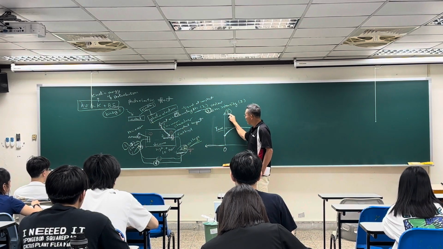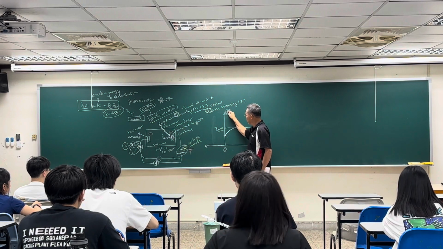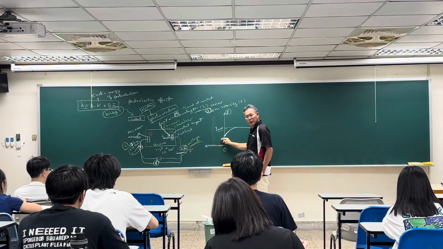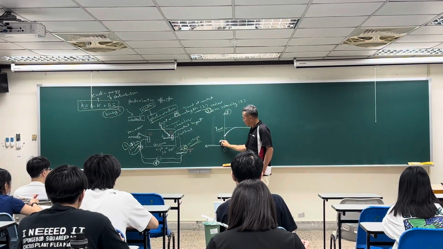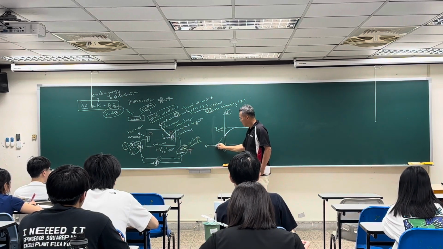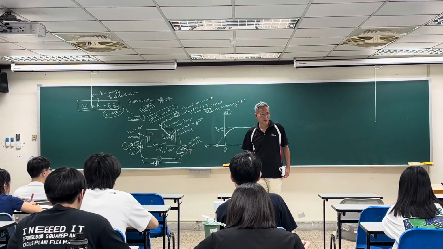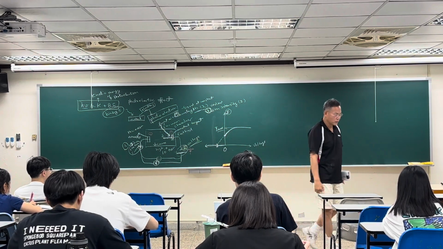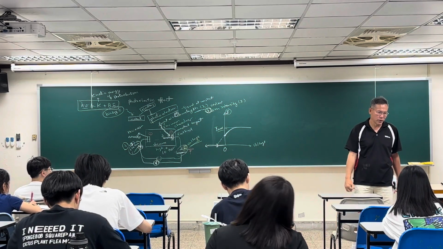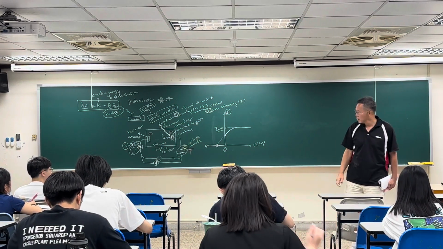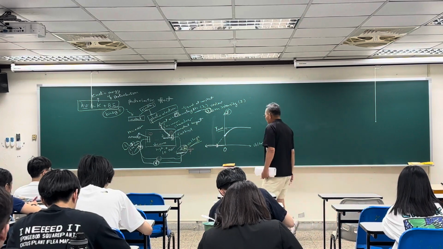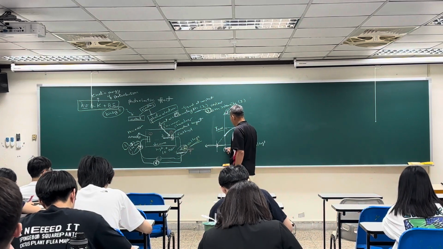The photocurrent will then start to decrease, right? And then at a certain reverse voltage, the current will stop. So what does this mean?